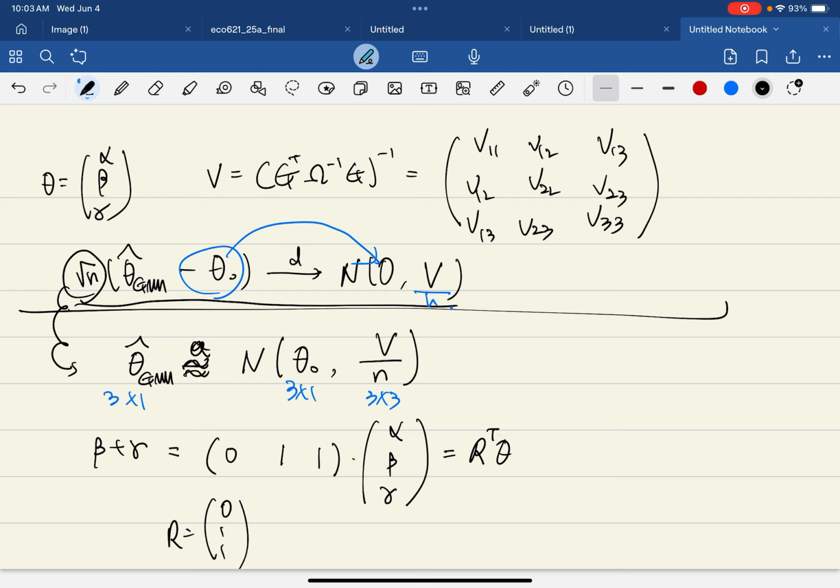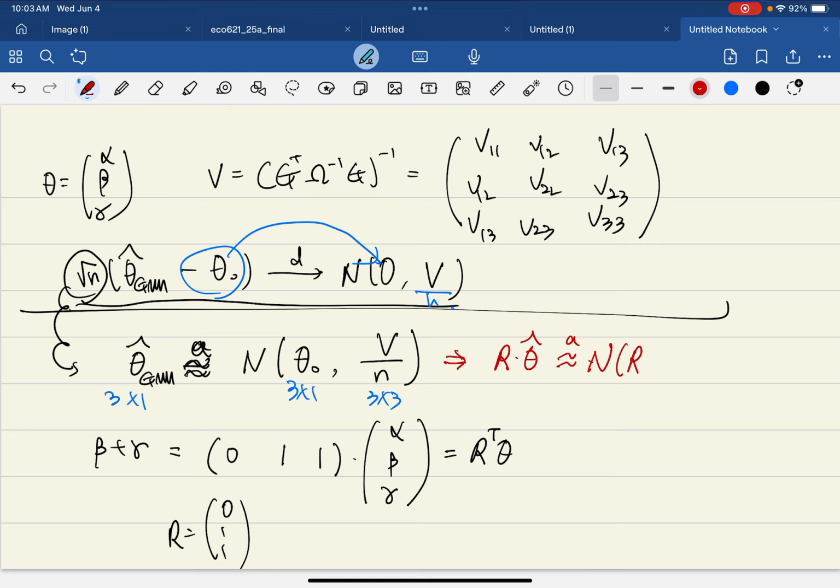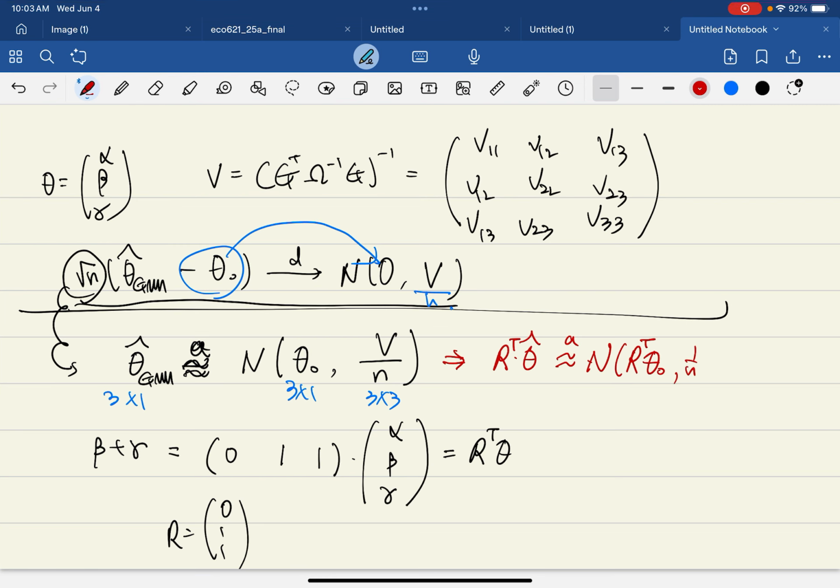Then using this notation, what we have is r transpose theta hat GMM is approximately normal with r transpose theta 0, comma 1 over n times r transpose V r.